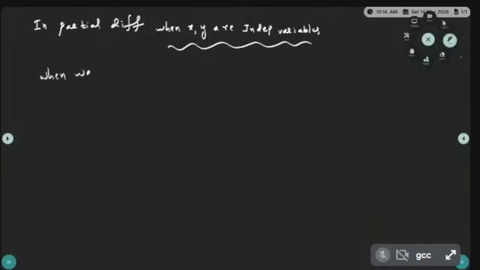Differentiate partially with respect to x, treat y constant.